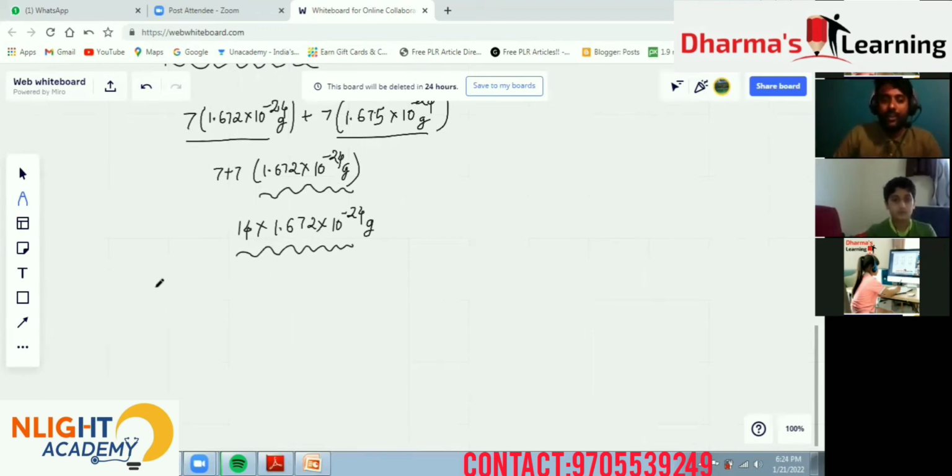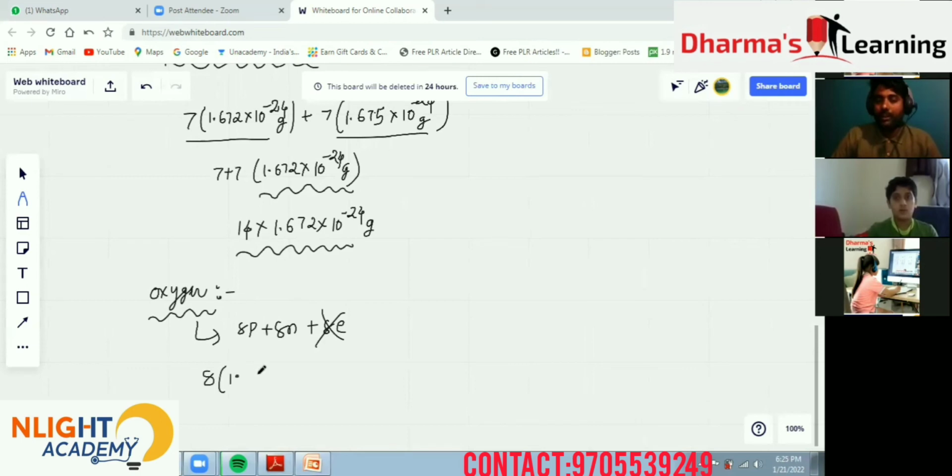So let me take oxygen as the second example. Oxygen has 8 protons, 8 neutrons, and 8 electrons, right? And electrons we don't consider for calculating the mass of oxygen. So 8 protons, 8 into 1.67. I'm not writing the 2 part because it's almost the same for both. Plus there are 8 neutrons, each neutron again 1.67 into 10 to the power of minus 24 grams.